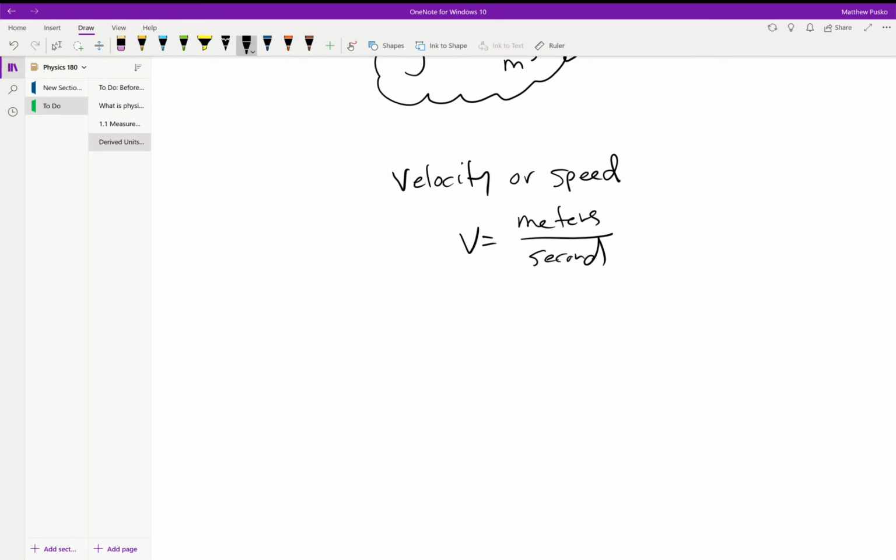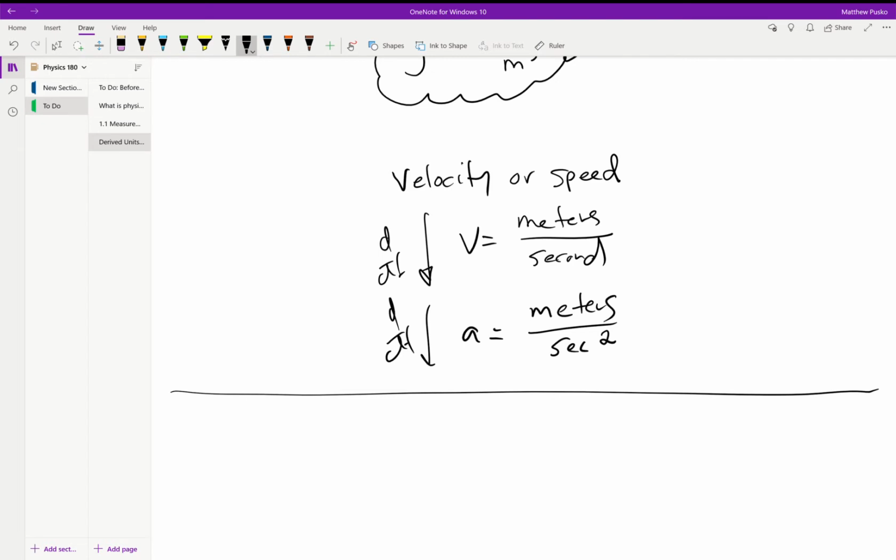We can go one step further, and to do that we would take a time derivative, and to get to acceleration from position we would have to take two time derivatives, and we would get a derived unit of meters per second squared. So we can get to all of these other units from our prime 3. And that's just the point I wanted to make.